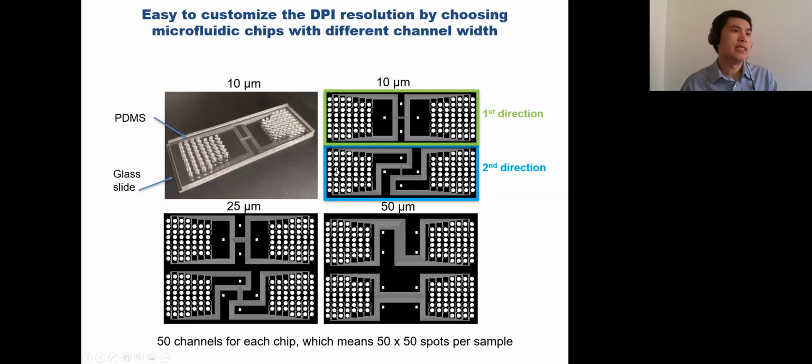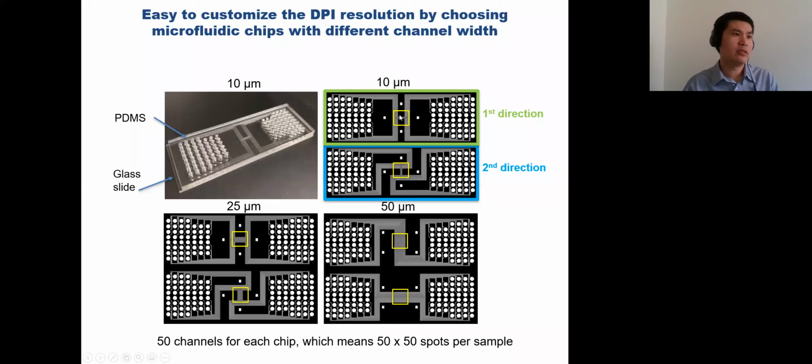So the resolution of our DBiT-seq can be controlled by the width of channels. So I think it's pretty convenient. We can just have 3 different sets of designed PDMS chips. Then you can just modify mainly this area.